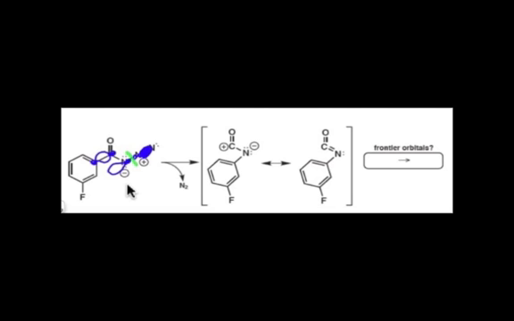They are in a side-by-side overlap mode, and so if we just identify the axes, we can see that they are parallel and side-by-side, which makes it possible for that filled-empty combination to be involved in a pi-type bonding sense. And so when this reaction kicks off, the frontier orbital interactions that are involved are sigma interacting with sigma star, and it's doing so in a pi-type side-by-side fashion.